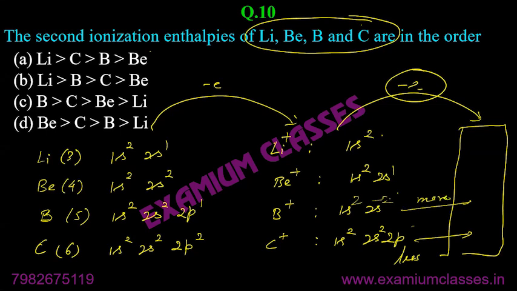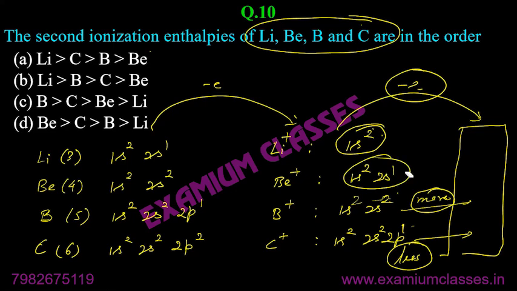B+ will require more energy because here the electron is in the s orbital, and that too a fully filled s orbital. Here it is just p1, not half filled or fully filled, and also the p orbital is greater in size. So lithium will require maximum, after that boron, then carbon, and then beryllium. B will be correct.